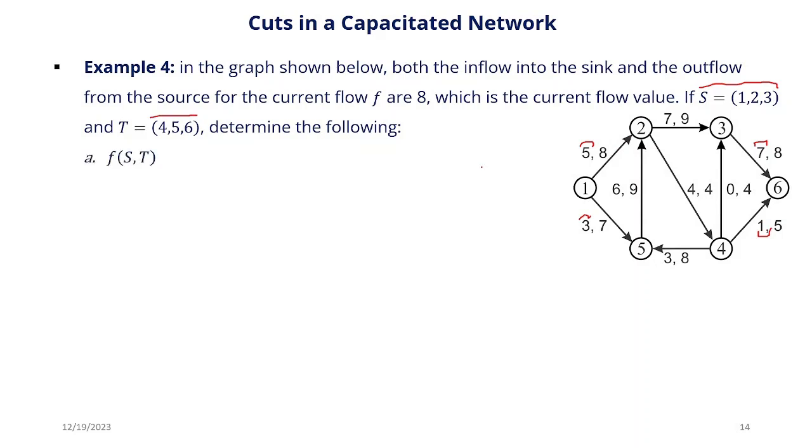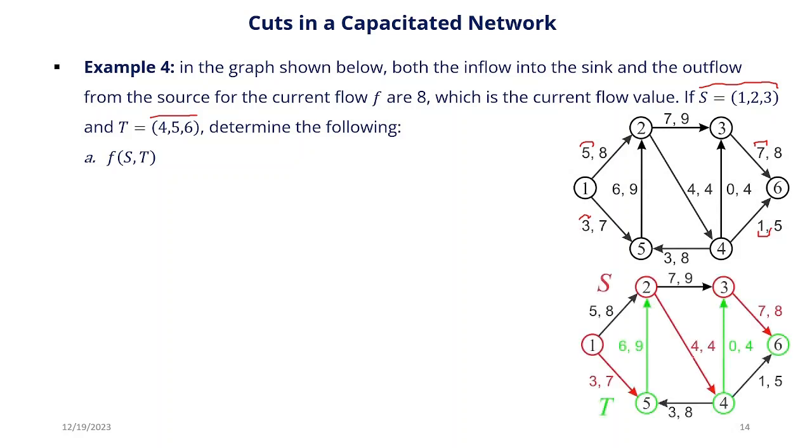The flow from S to T. When you want to do this, one strategy is to draw the graph in such a way that you can easily determine which nodes make up the source and which nodes make up the sink. In this case, our source was 1, 2, 3, so I colored them red.